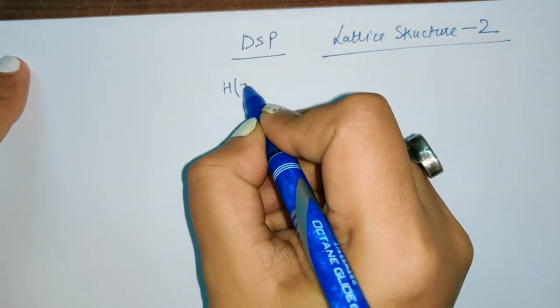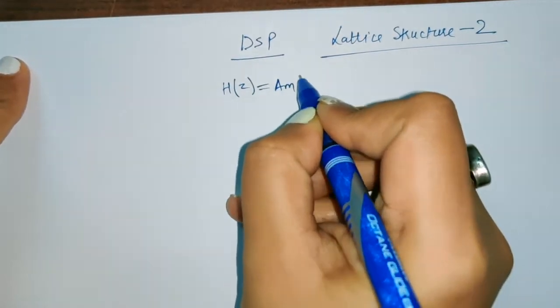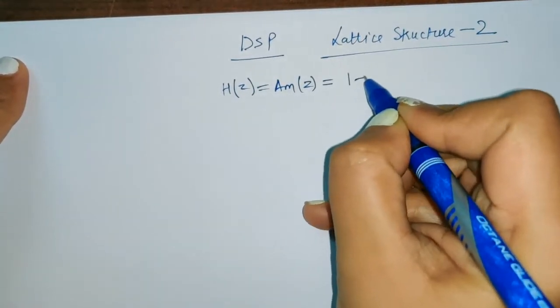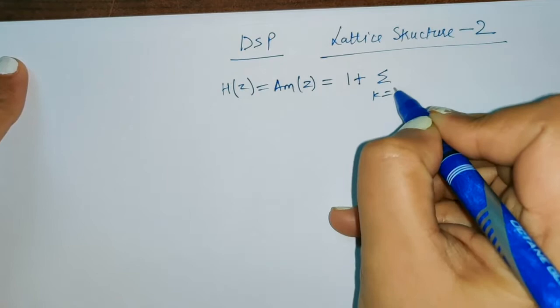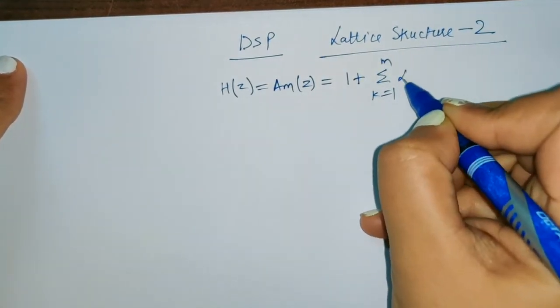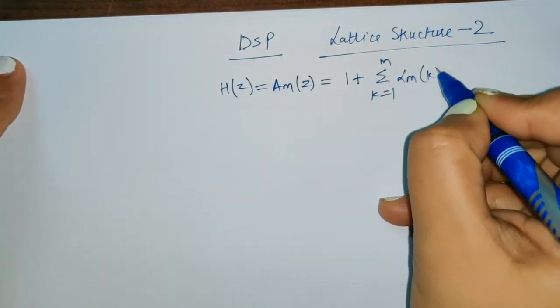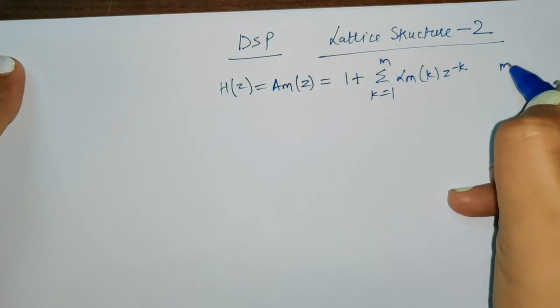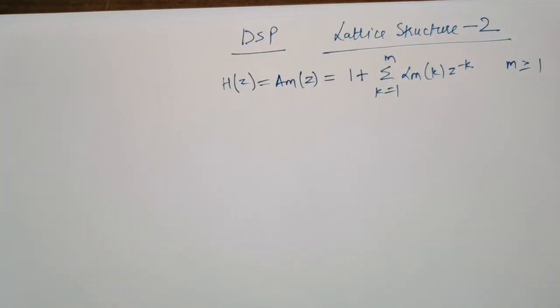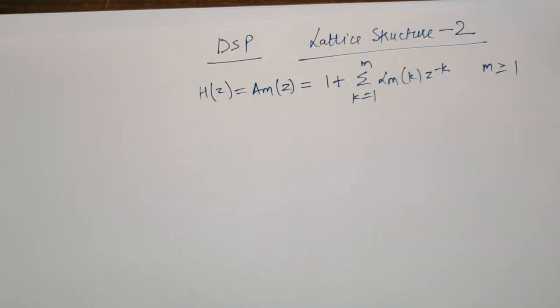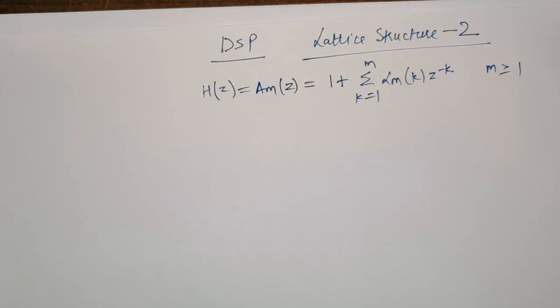Suppose our H(z) is A_m(z), and that was nothing but 1 plus the summation k equals 1 to m of alpha_m(k) z^(-k), where m is always greater than or equal to 1. Okay, we discussed this. For a summary, lattice structures are used to implement adaptive filters, and these kinds of structures are inherently stable due to their feedback.